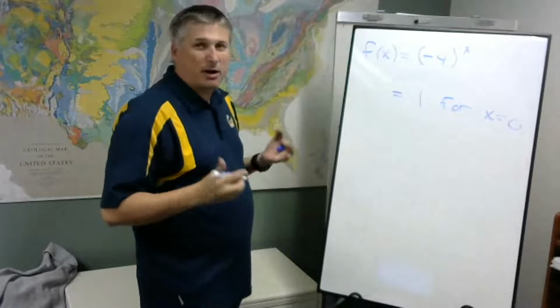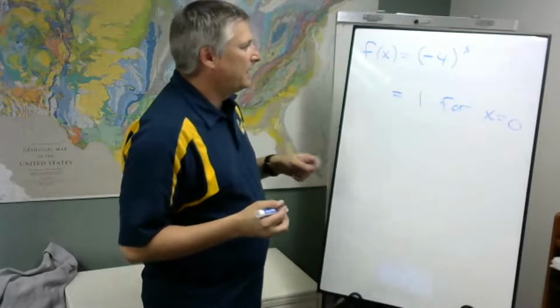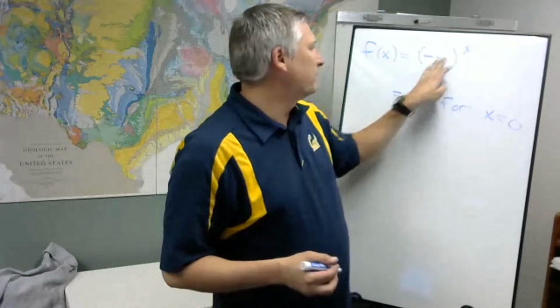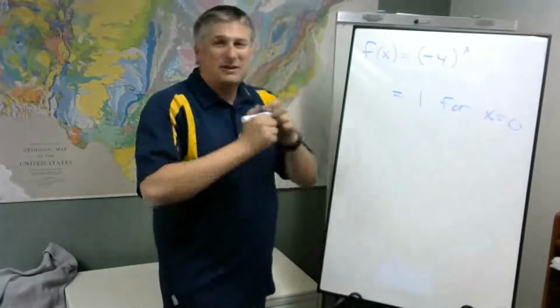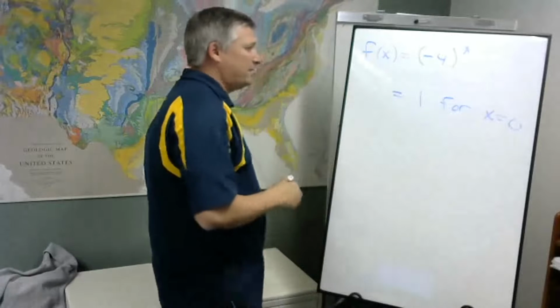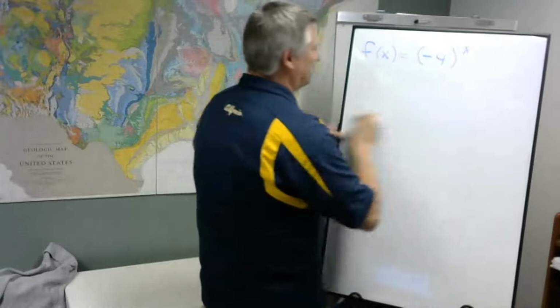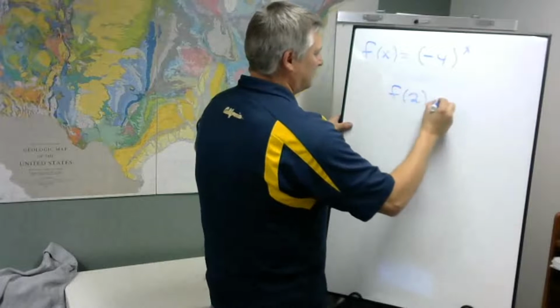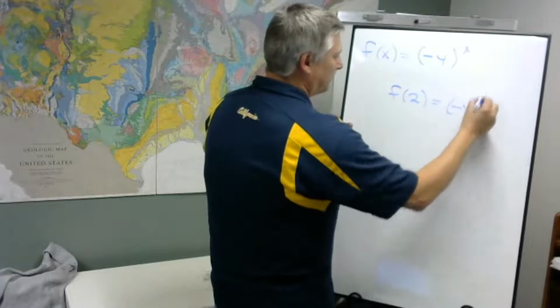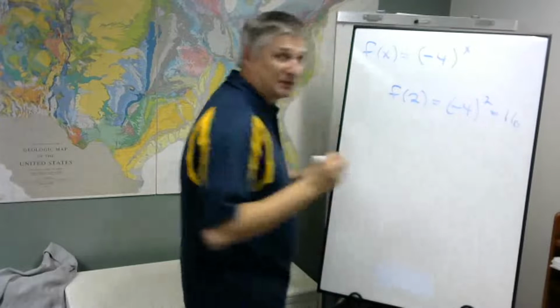And we're not going to have any problems for whole numbers. Like if x is 2, -4 squared will be +16. So f of 2, again, it's just -4 squared, or 16.